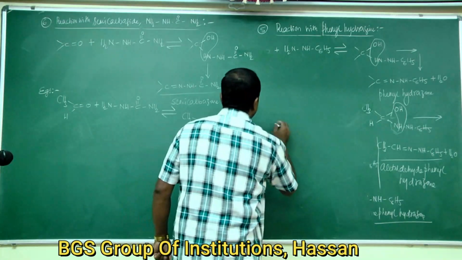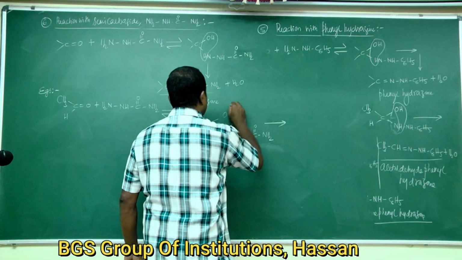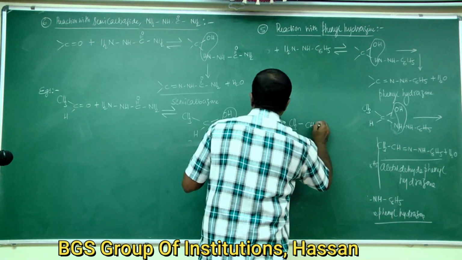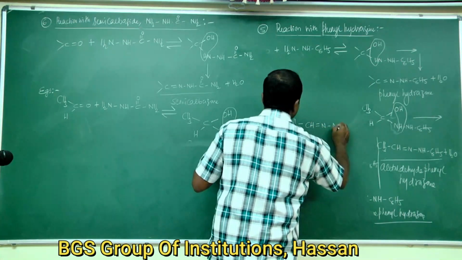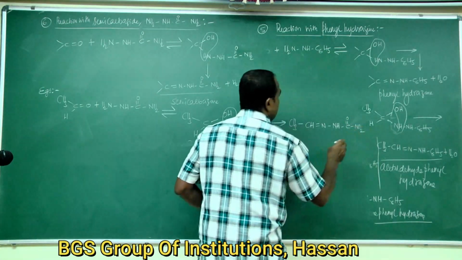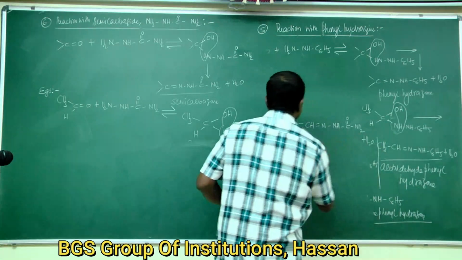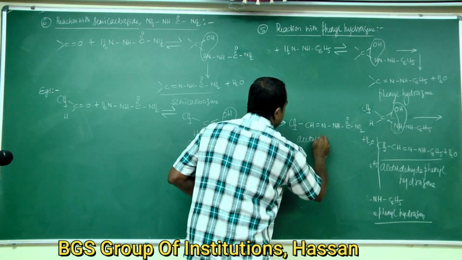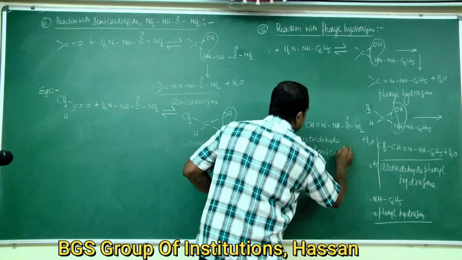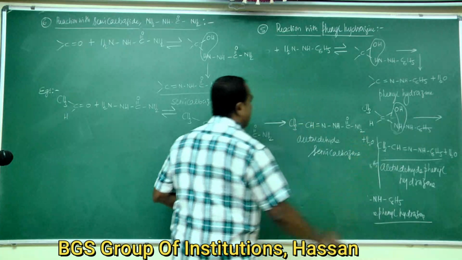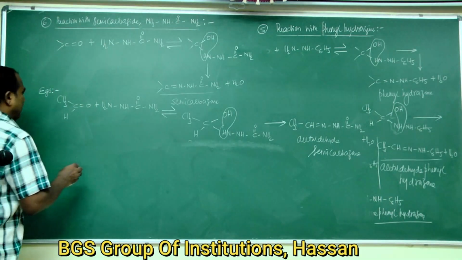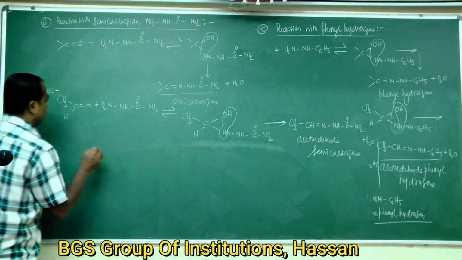So this on hydrolysis gives CH3-CH=N-NH, that is C=O connected to NH2, plus H2O. This is acetaldehyde semicarbazone.